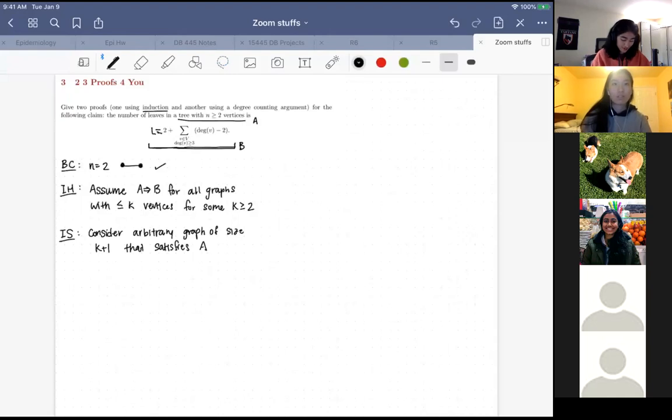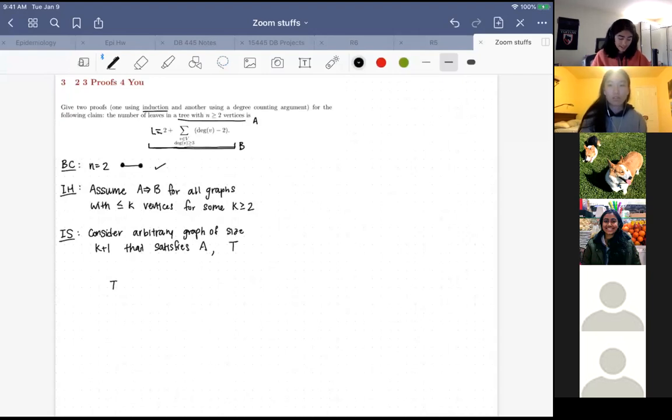So since it's a tree, let's go ahead and call it T. Since T is a tree and it's got at least 3 vertices in it, since it has exactly k plus 1 vertices in it, it's guaranteed to have a leaf.